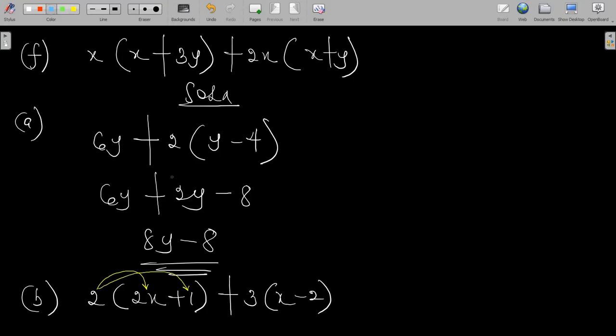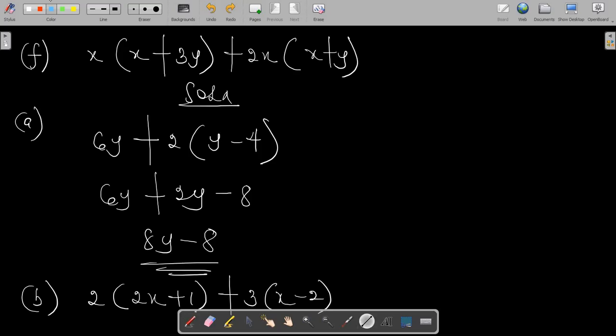Then after doing that again, we use the same 3 to multiply this and 2 to multiply with this 3. So let me draw my line to make my work nice and neat.